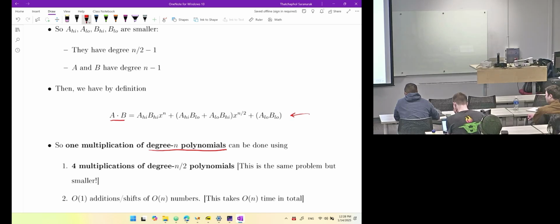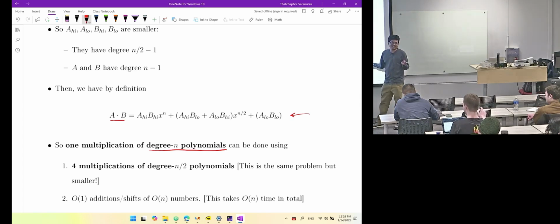You need to multiply these two together, these two, and these two. So this is 4 multiplications of degree n over 2 polynomials. Now you can see that it's the same problem, but smaller. This is how you do divide and conquer: reduce a big problem to the same problem, but smaller.